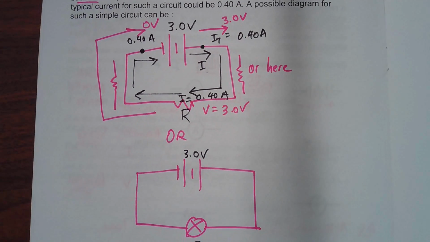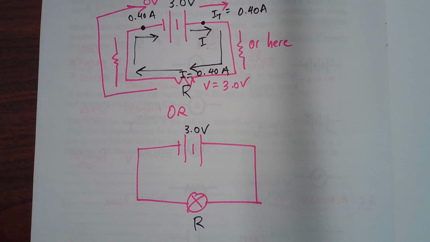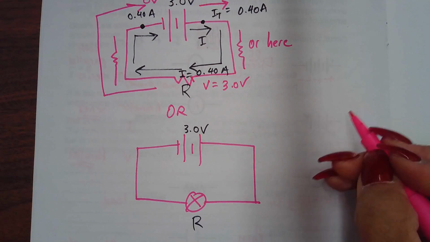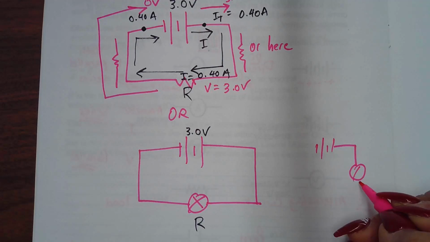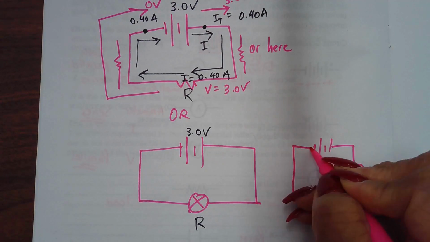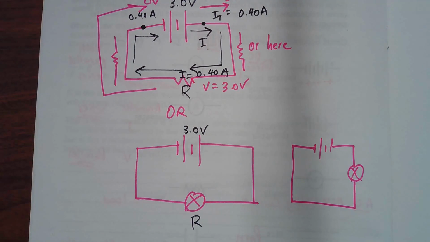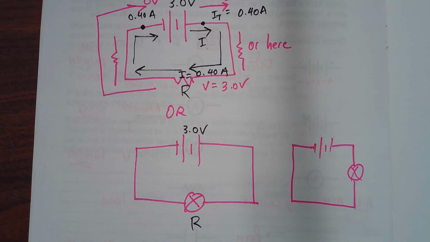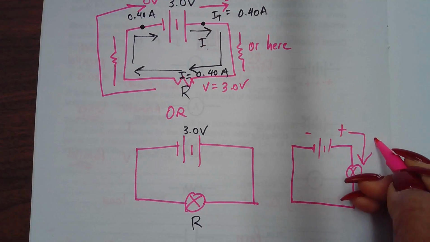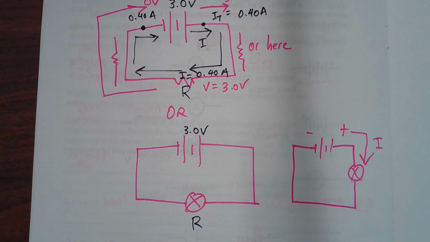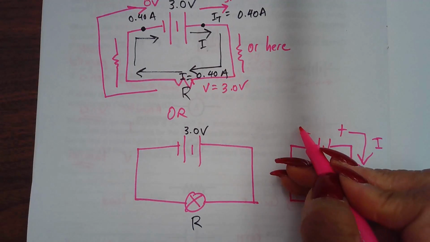It can also be like that, like this one here. You can draw it many different ways. You could draw it this way as well, where I put my light right here instead, and put it anywhere you want. The flow is from positive to negative. That's the flow of current, the conventional current flow. Whereas, what about electrons?